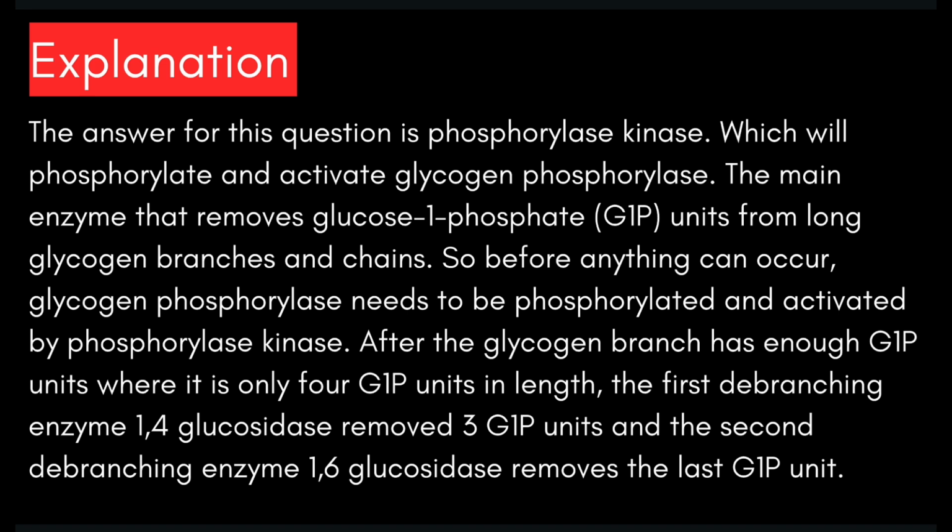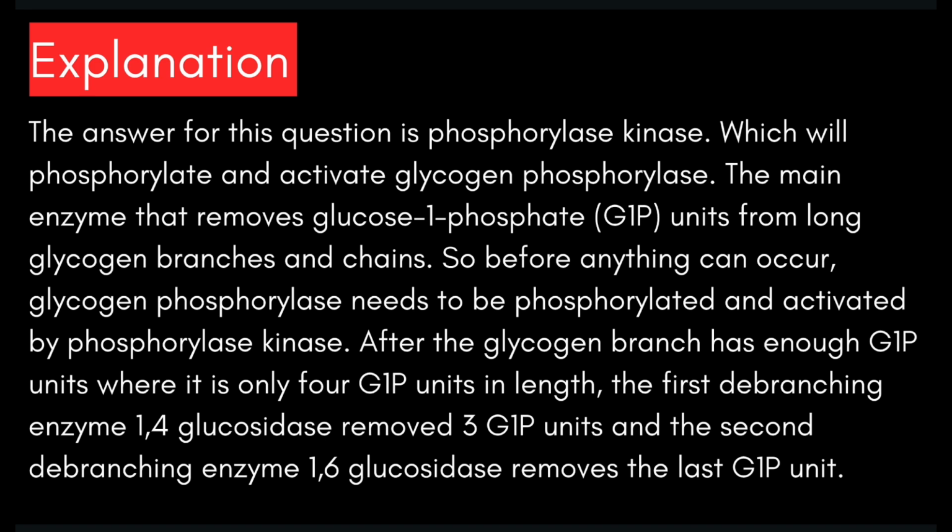After the glycogen branch is only 4 glucose 1-phosphate units in length, the first debranching enzyme, 1,4-glucosidase, removes 3 glucose 1-phosphate units, and the second debranching enzyme, 1,6-glucosidase, removes the last glucose 1-phosphate unit. Hope that makes sense on why phosphorylase kinase is the answer here.